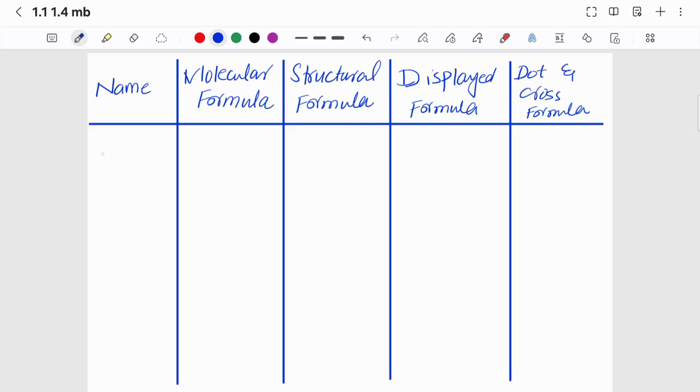So if I have methane, for example, we just discussed that alkanes follow CnH₂n+₂. The molecular formula would be CH4. The structural formula would stay the same, that is CH4. But for displayed formula, we have to show all the bonds. So I will write it like this.